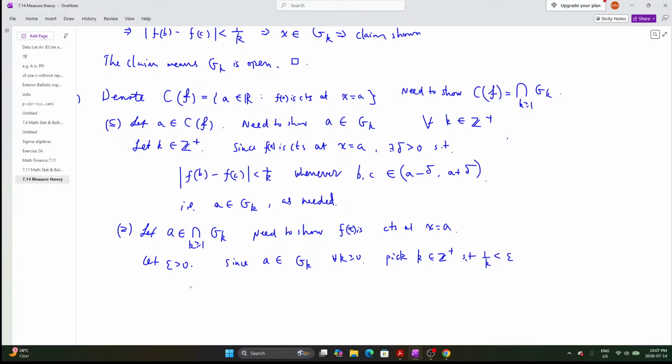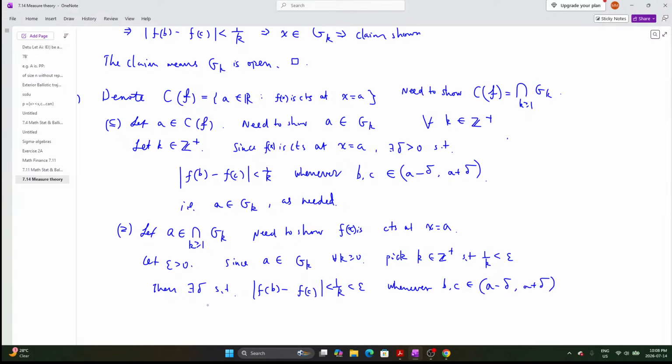Okay. Then there exists delta such that absolute value of f of b minus f of c is less than 1 over k and thereby less than epsilon whenever b and c are in a minus delta, a plus delta.